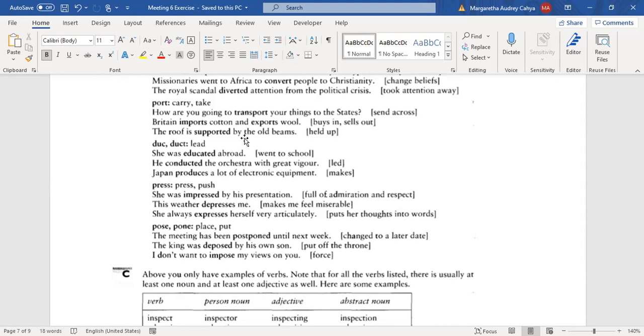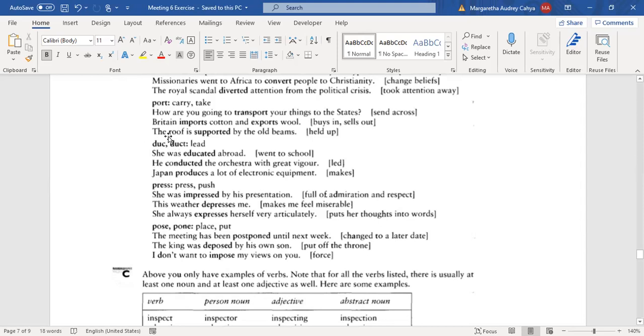Jadinya itu kan si old beams is like kerangka yang ada di bawahnya roof loh, di bawahnya atap. Jadi kerangka di bawah atap itu. Dia itu kan yang membuat atap itu tetap bisa untuk menjadi kokoh kan. It's the one that holds it up. So yeah, that makes sense.